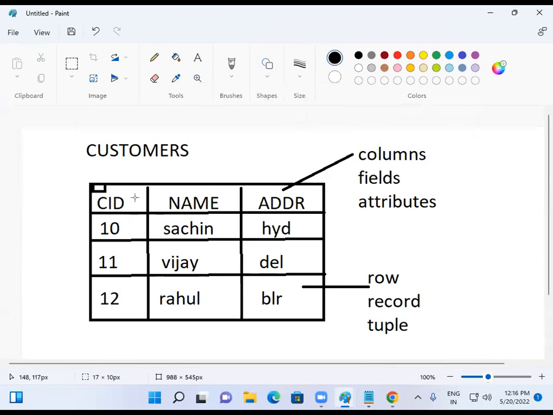The first one is not a record, because it contains field names. Record means that it contains the data. This contains the customer data, so it is a record. This doesn't contain customer data, so it is not a record. Got it?